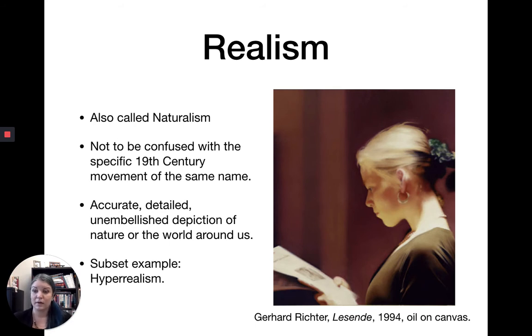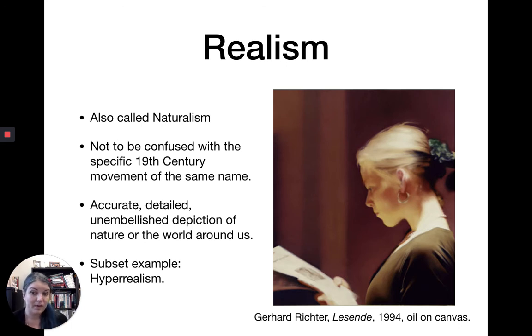Basically, this is work that is accurate, detailed, unembellished, and just a depiction of what we see in the world as we see it. It's trying to mimic what we encounter with our senses in the natural world. It's illusionistic, trying to accurately represent the world around us.